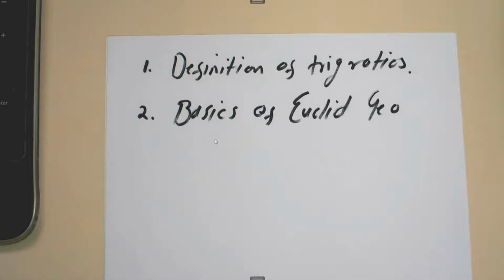Isosceles triangles. Once you have a cyclic quad, you must know the properties of a cyclic quad. That's why I'm saying this topic is not independent. You must have a good background from Euclidean geometry. And you will see, as you do some of the problems, we have to bring in trig ratios and the basic Euclidean geometry.